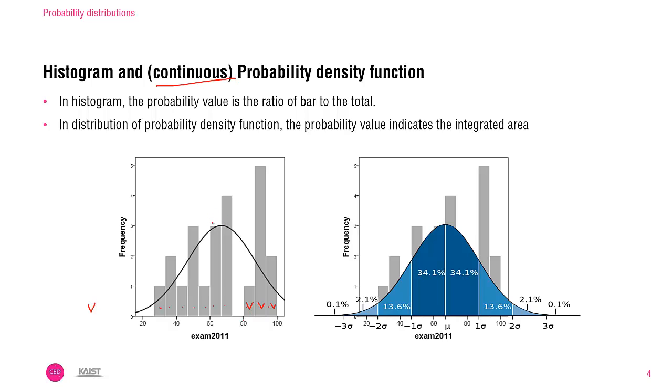Now, in Excel or in SPSS, these software offer a trend line like this. And this trend line shows you the distribution of the data, supposing that you have a population.